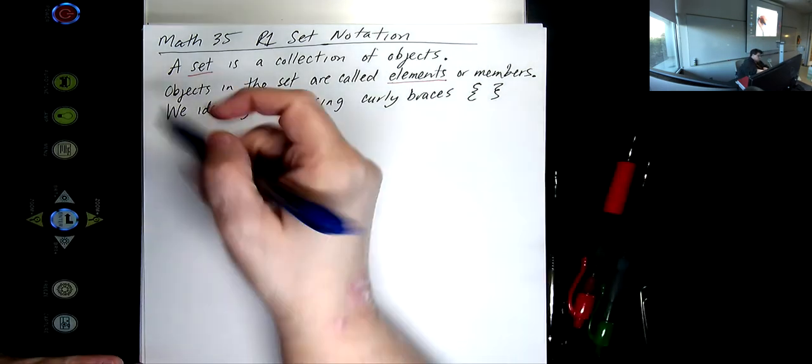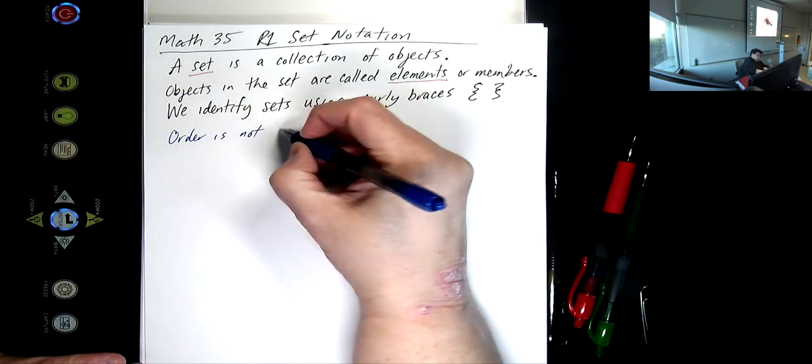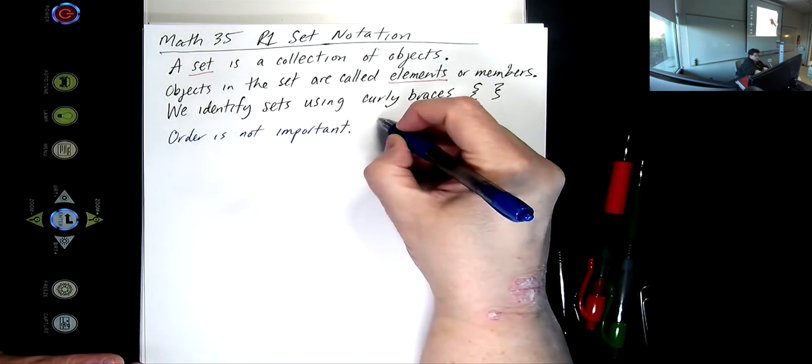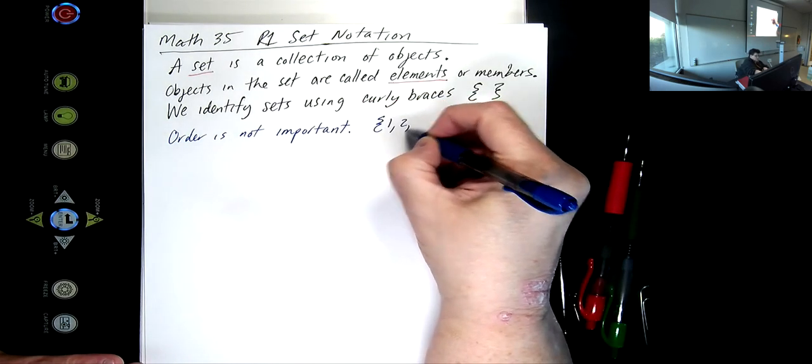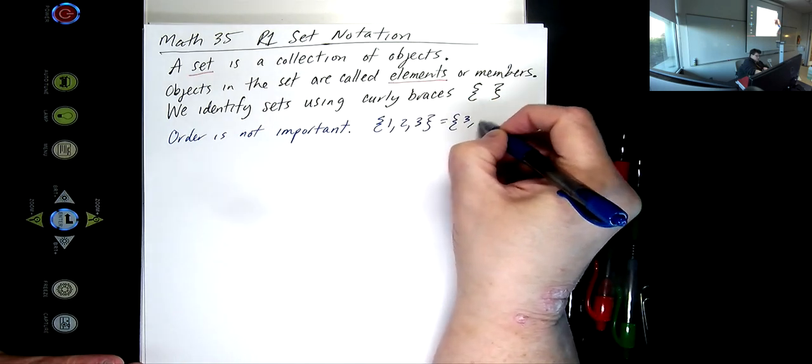Order is not important. The set 1, 2, 3 is the same set as 3, 2, 1.